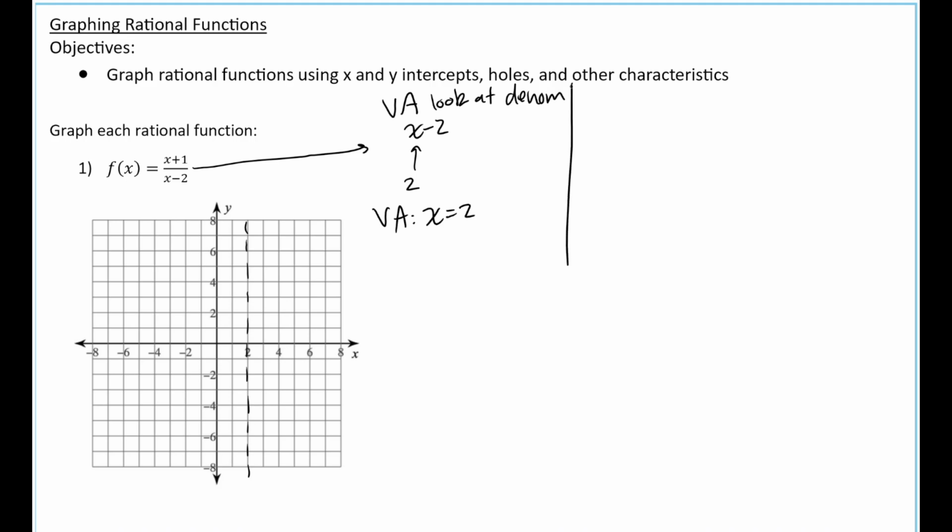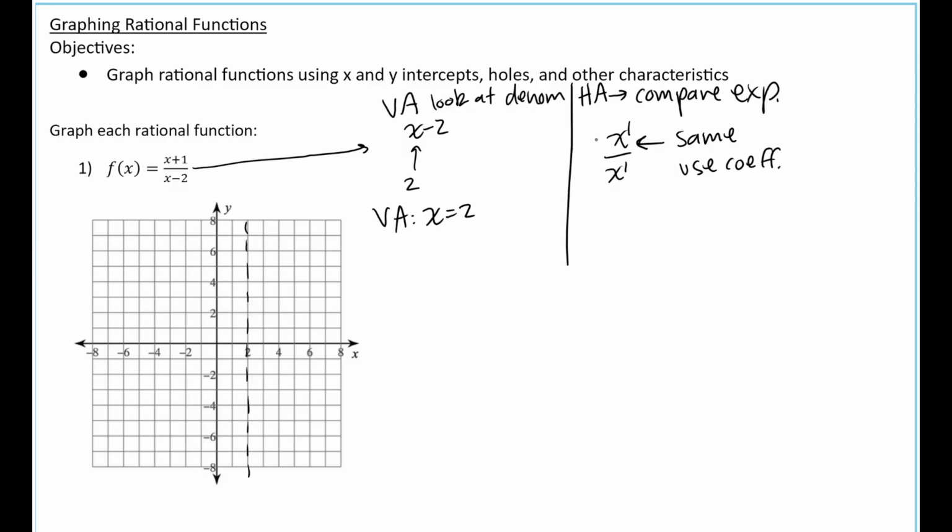For the horizontal asymptote, remember, we need to compare the exponents. In this case, we have x to the 1 over x to the 1, or just x over x. Because we have the same exponent, we're going to use the coefficients, and it will be a fraction of the coefficients.